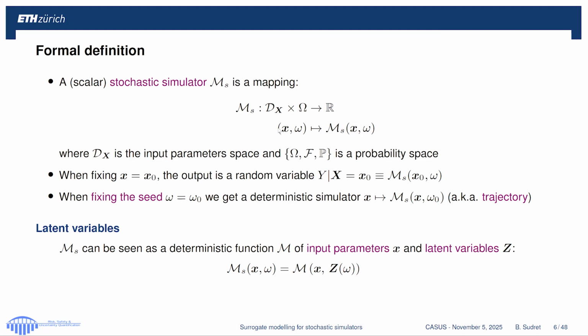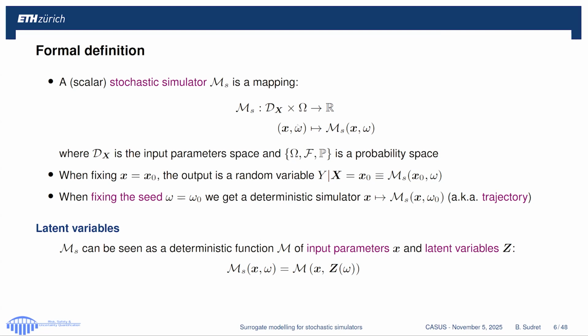To understand what it means, if you fix the x, and you repeat, that is, you change the omega, you will get different outputs. This is characterized by the conditional response conditioned on that value of x. So that's what we will use as a representation for the first methods.